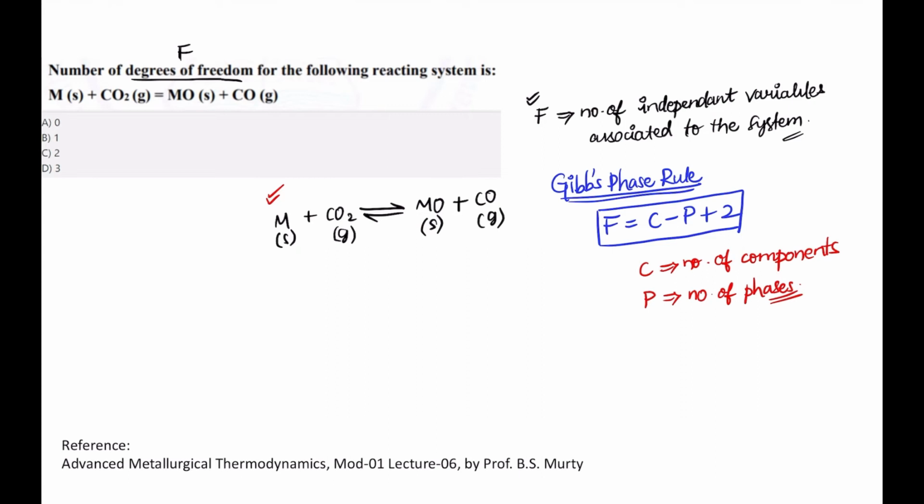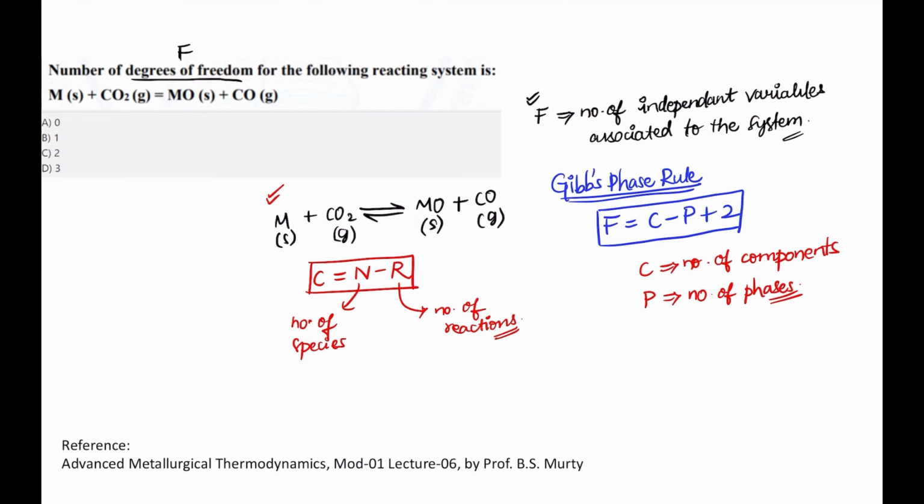Here we have one more way to easily calculate, which is C equal to N minus R. N is nothing but the number of reacting species, or the number of species involved in the reaction, whereas R is the number of reactions between them. So this is the most simplified way to calculate the number of components for a reaction.